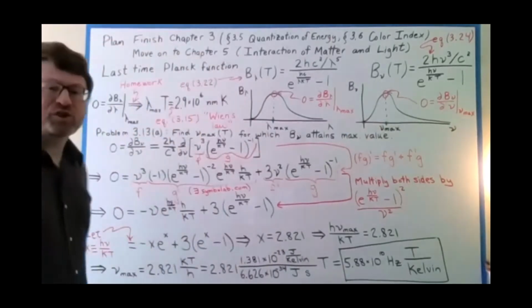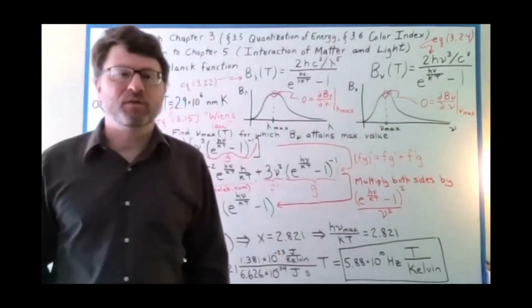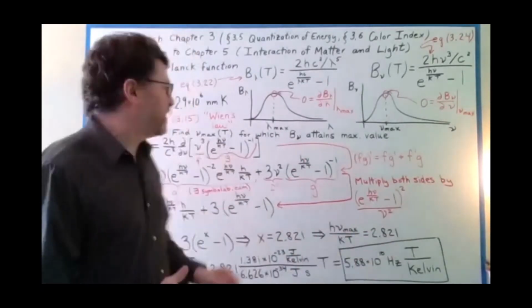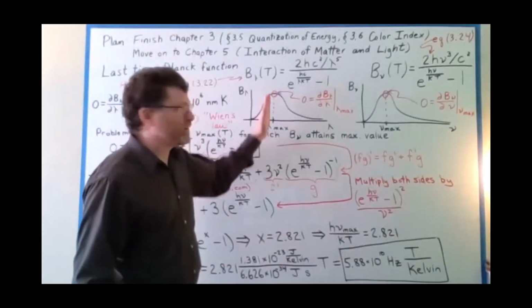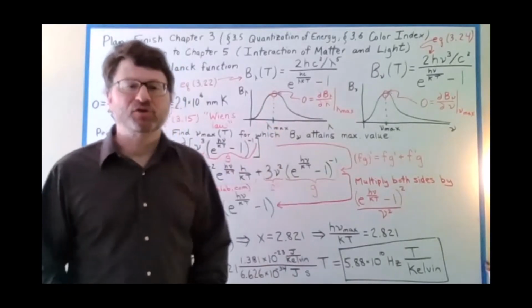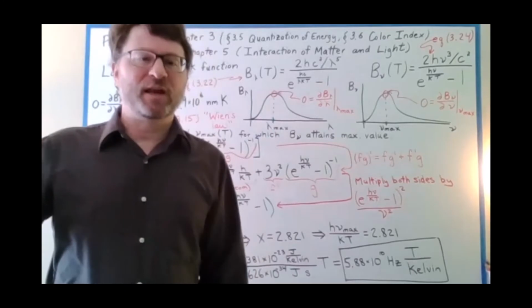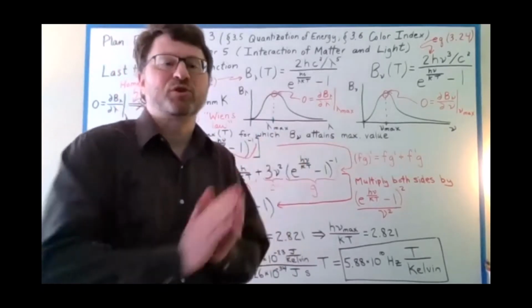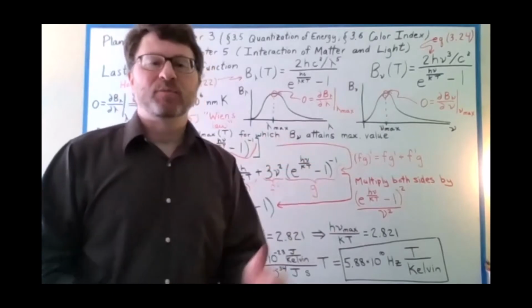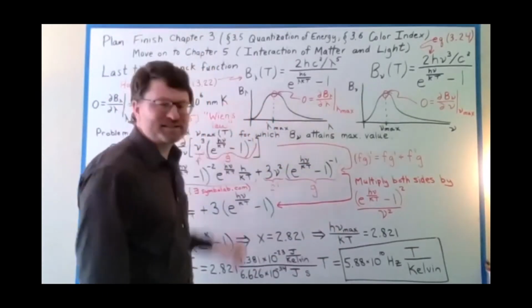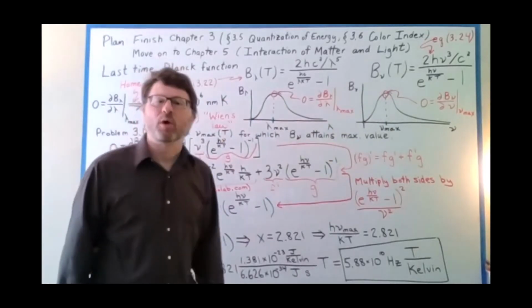Now, we mentioned in the previous subsection 3.4 that there is Wien's law that tells us where the Planck function peaks, lambda sub max, that is, as a function of temperature. So we drew many different Planck functions, one for each temperature. And we saw that lambda max, where it peaked, got less and less as the temperature got more and more.